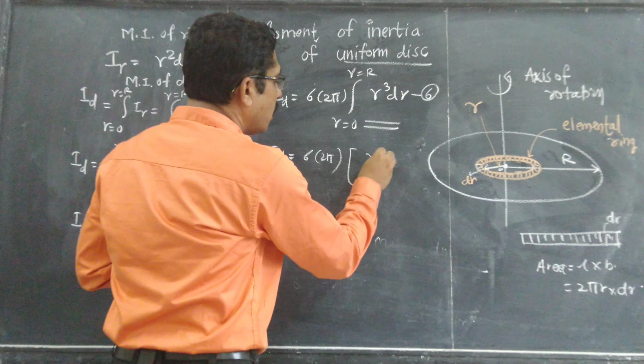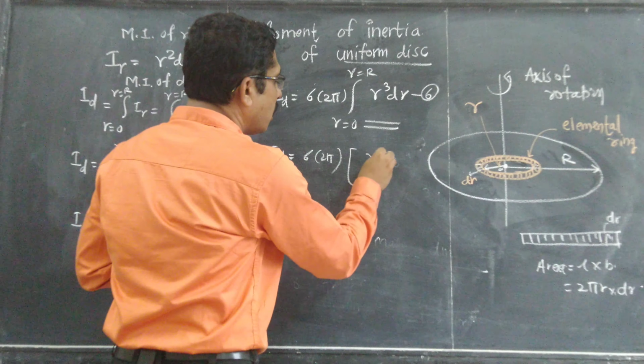Therefore this ID = σ 2π [R⁴ upon 4 minus 0⁴ upon 4]. म्हणजे r ची किंमत टाकली अप्पर आणि लोअर लिमिट. ह्याचे टोटल मॅग्निट्यूड काय येते 0 येते, बरोबर.